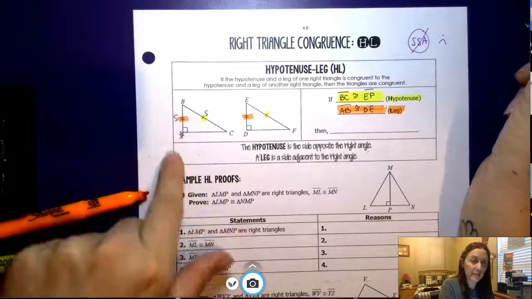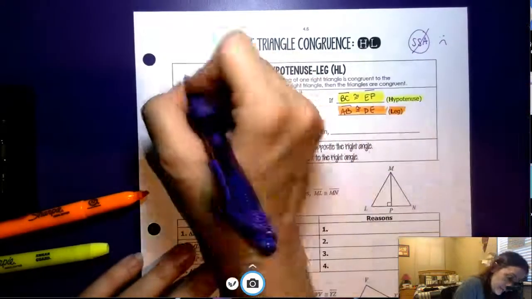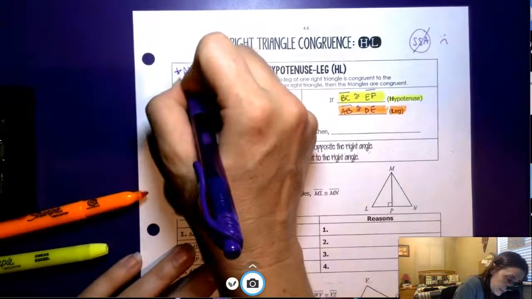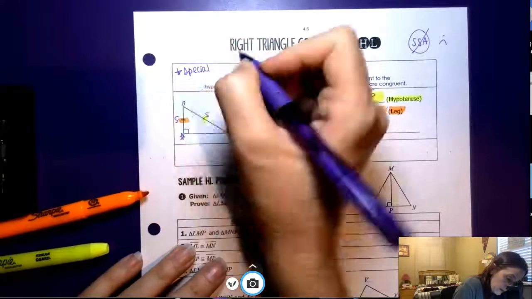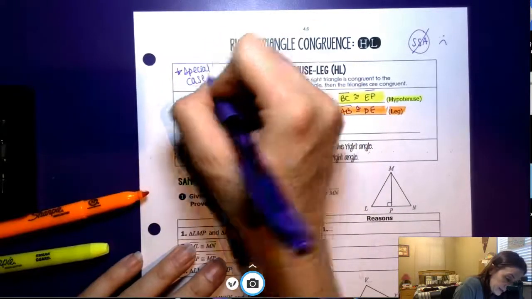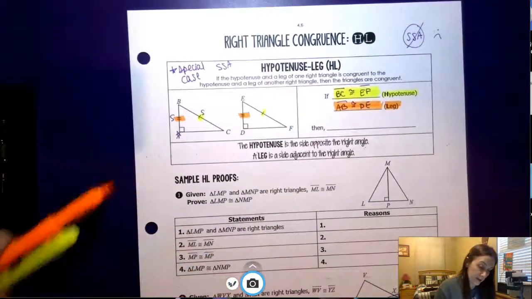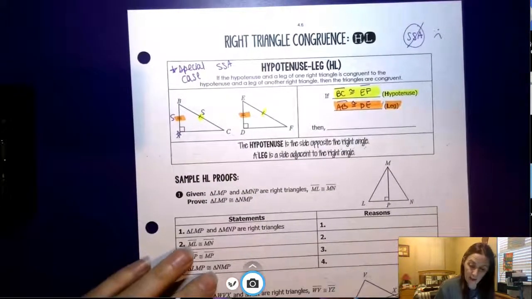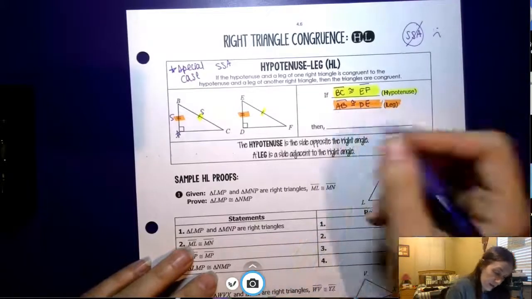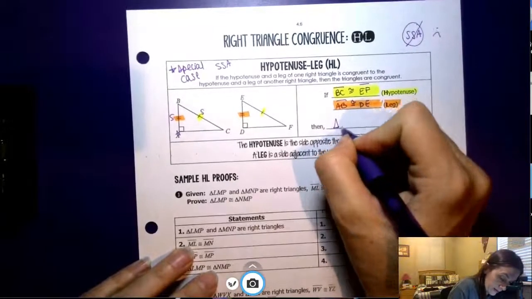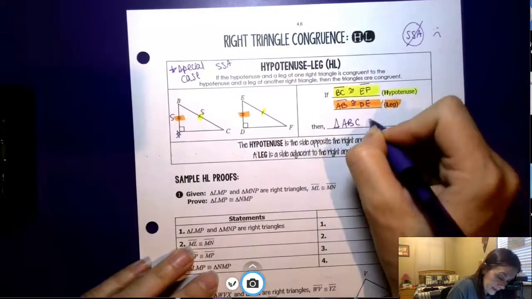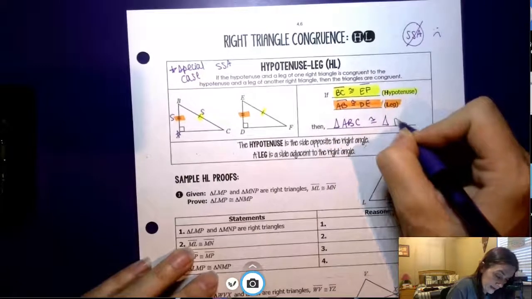So this is a special case of SSA. So our hypotenuse leg is our special case, and we know that if this is true, I can then say triangle ABC is congruent to triangle DEF.